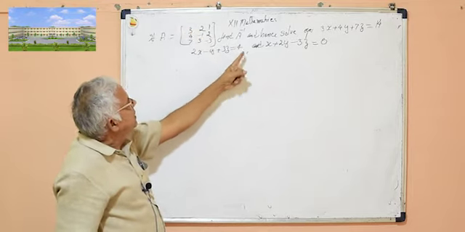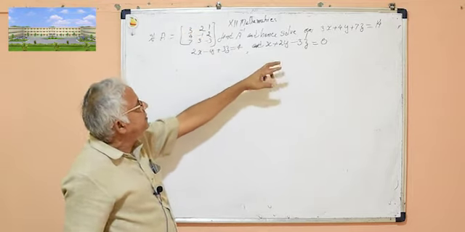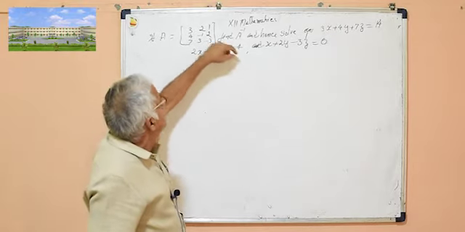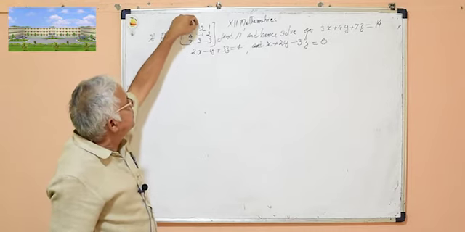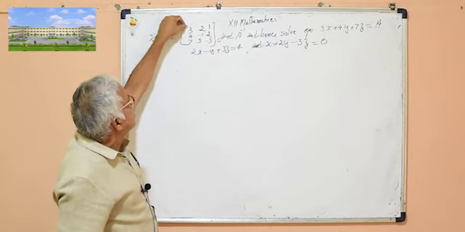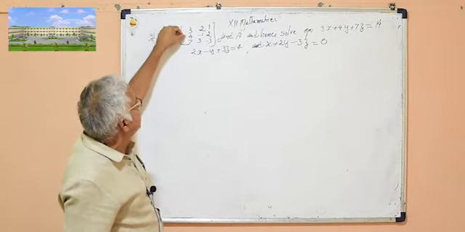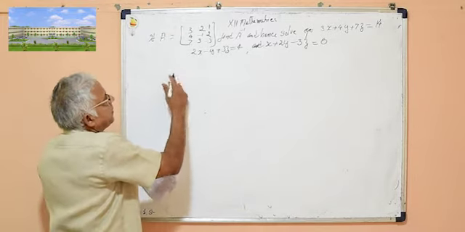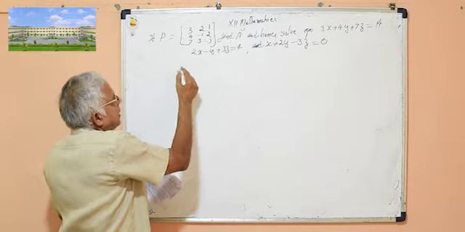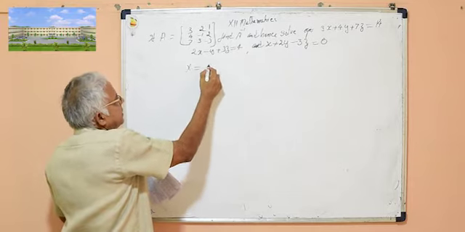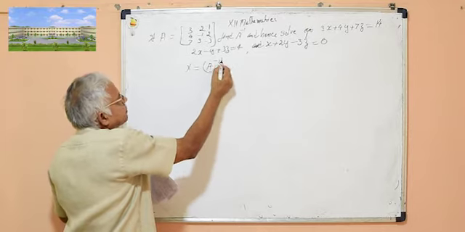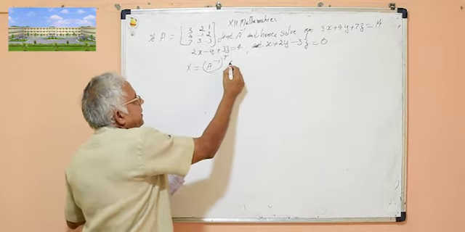The coefficients of x, y, z are given column-wise, 3, 4, 7, with rows and columns interchanged. In that way we use X = A inverse transpose B.